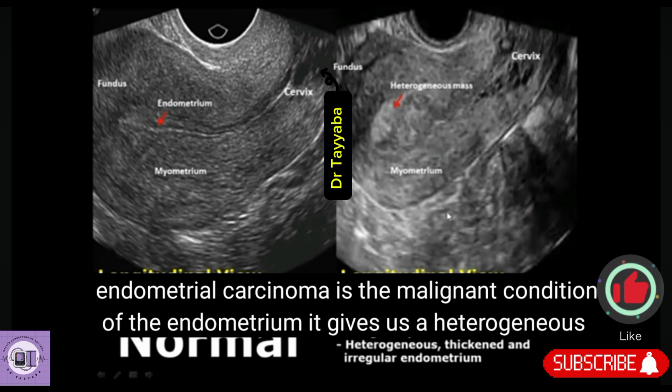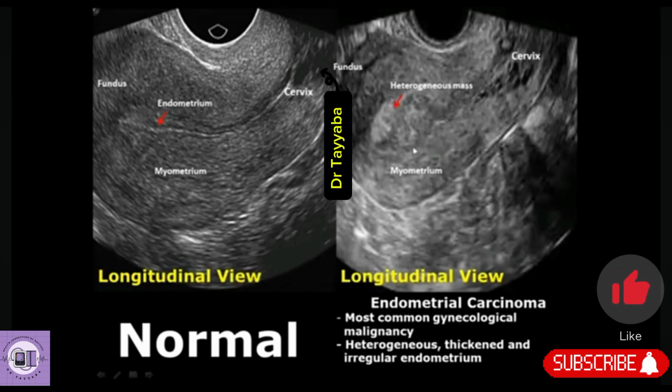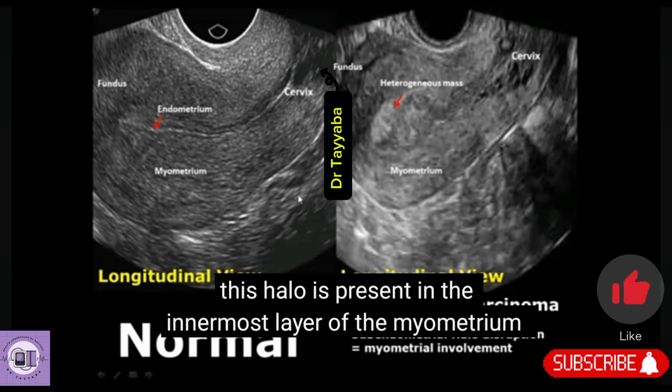Endometrial carcinoma is the malignant condition of the endometrium. It gives us a heterogeneous appearance with thickened endometrium showing irregularities in its texture. Another important feature of the endometrial carcinoma is the disruption of the subendometrial halo.